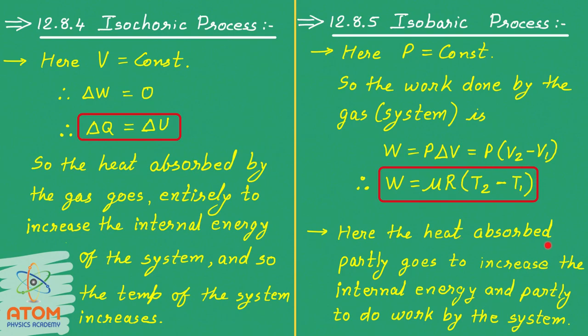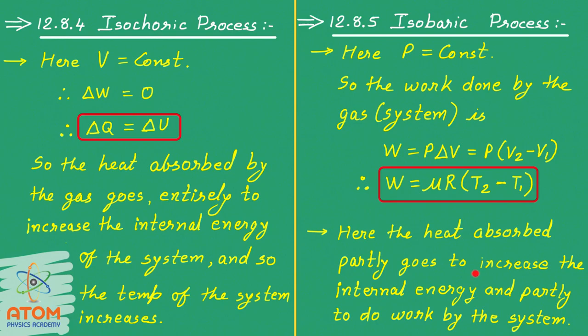Here the heat absorbed partially goes to increase the internal energy and partially goes to do work by the system. See, in isobaric process, whatever heat is absorbed by the system is divided into basically two parts.